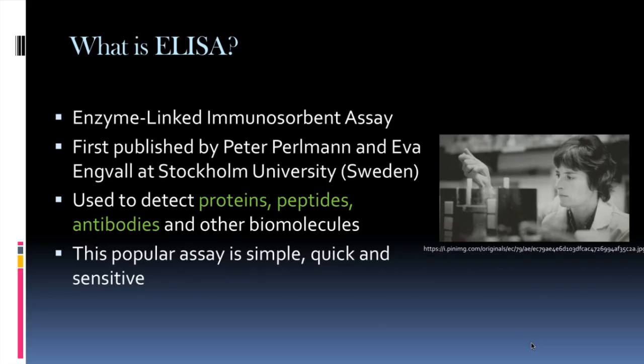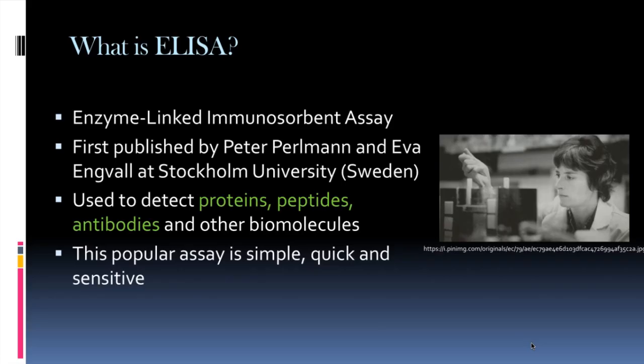They were first discovered in Sweden, first published by Peter Perlman and Eva Engvall. This is a picture to the right of Eva Engvall at Stockholm University in Sweden. And ELISAs are used to detect biomolecules again. So typically proteins, peptides, which are just shorter proteins, and antibodies are used to be detected through an ELISA.